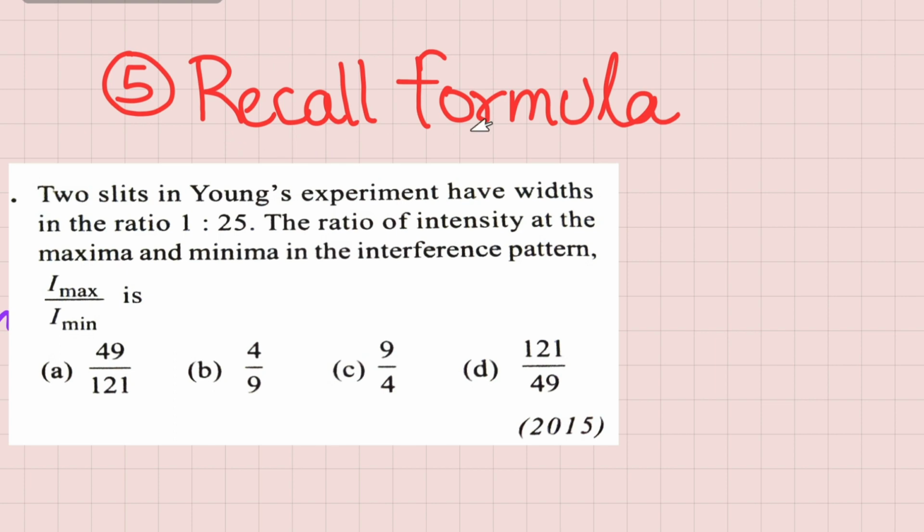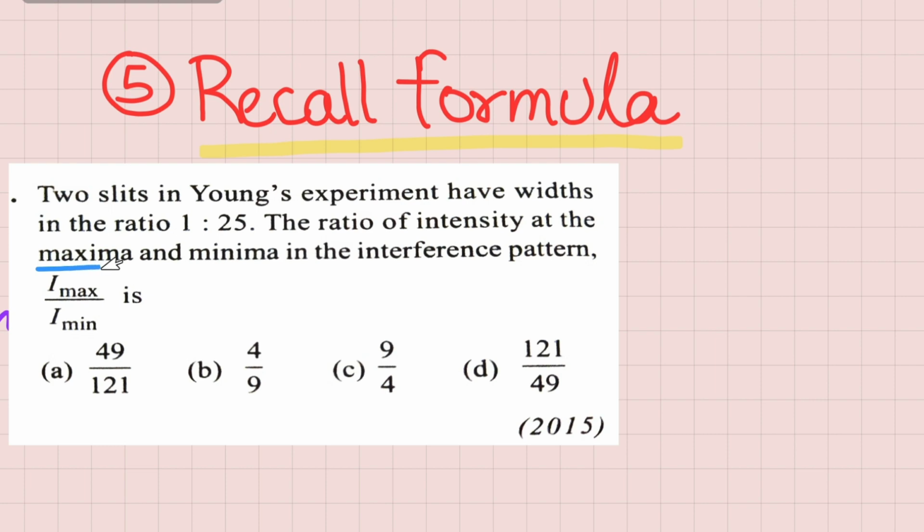Now the fifth point is to recall the formula. Now you have understood that you have to read the question carefully. Second is to see what is given in the question. Third is what is asked in the question. Fourth is to eliminate the illogical options. And fifth is to recall the formula.